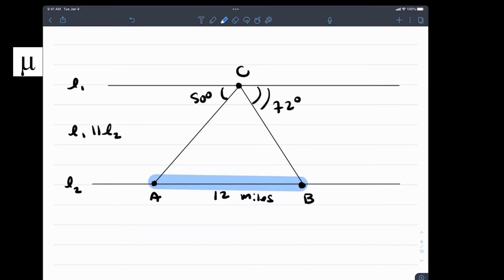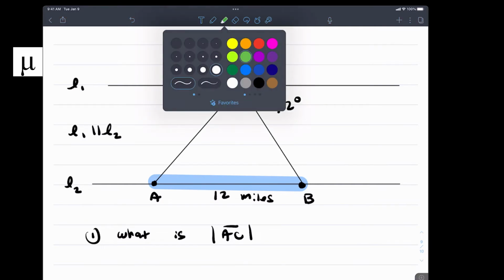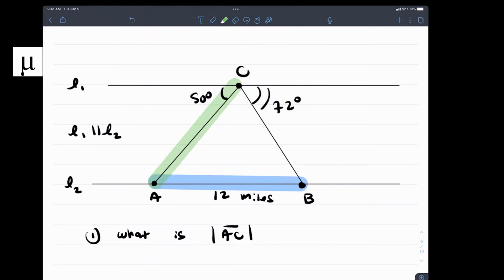Here's what they're going to ask you. Question 1: what is the length of the line segment? If you want some notation, that's really the length of the line segment from AC. Using a color, this is what they mean.